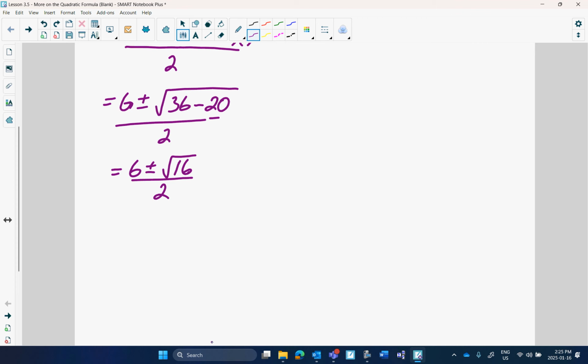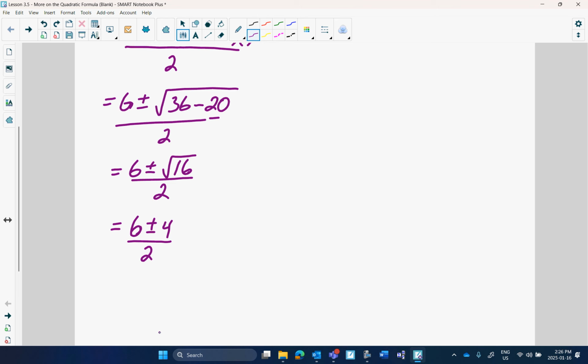And in this one, we happen to be able to take the square root of 16 exactly. So I get 6 plus or minus 4 over 2.